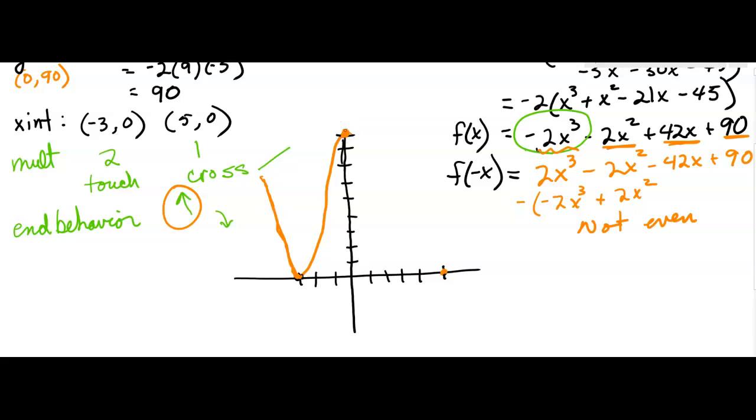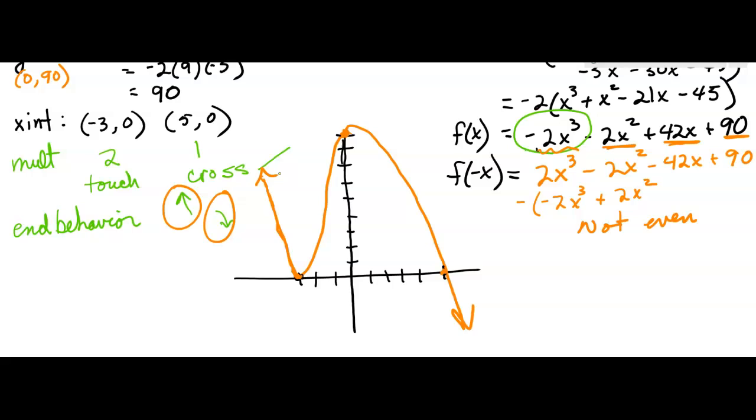We don't know that it's going to turn at that point. It could keep going up even higher, but we don't know exactly. But we know that eventually it's going to start coming back down. And we also know it's going to go through over here. Okay, so that's a very rough sketch of the graph.